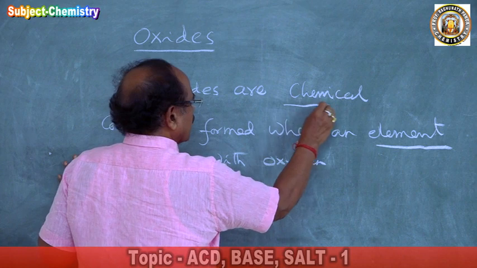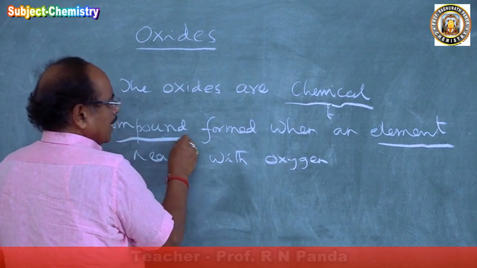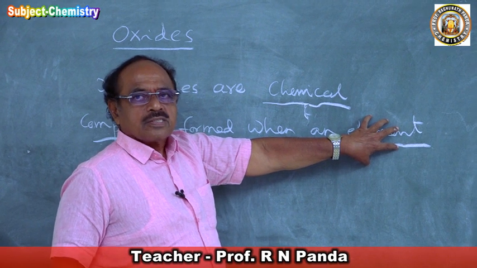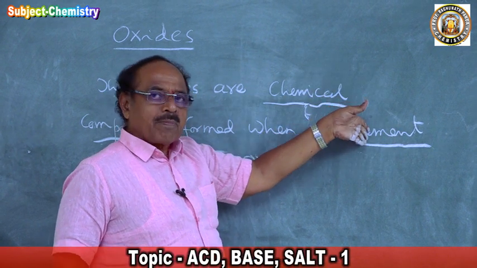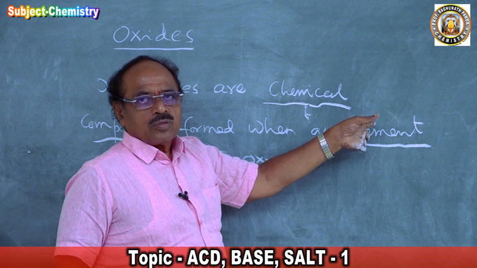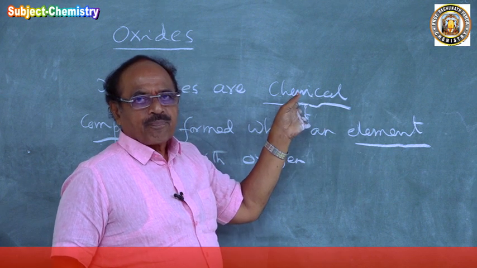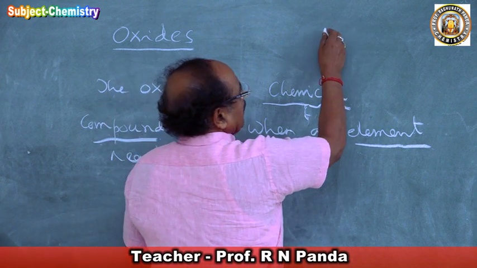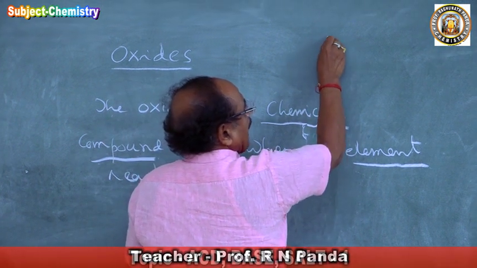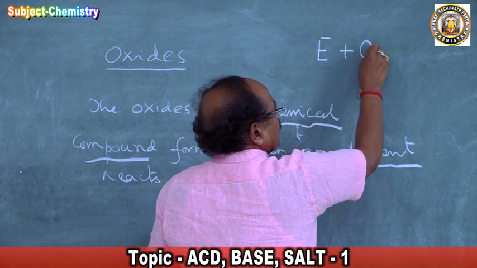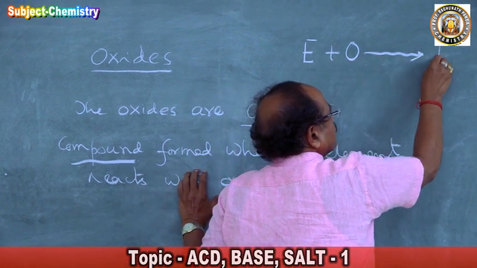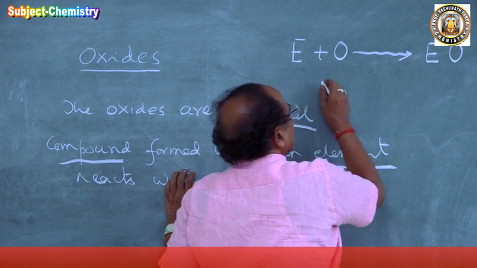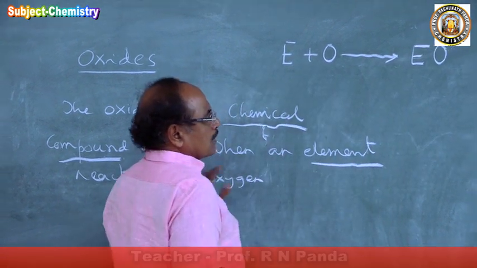Now the elements are of different types, so it depends on the type of element reacting with oxygen to form the oxide. Suppose we have an element E combining with O to form the compound EO. This is the general oxide compound.